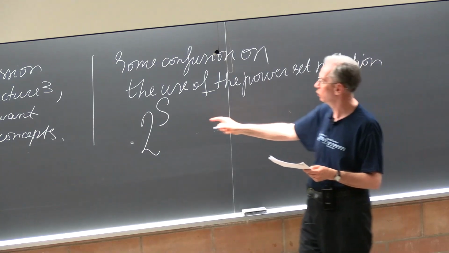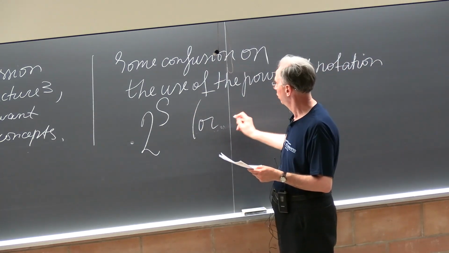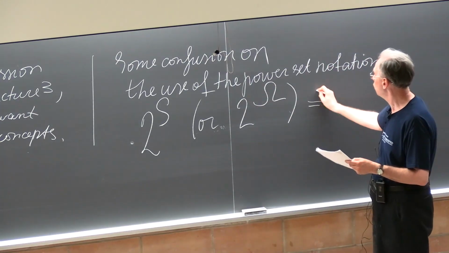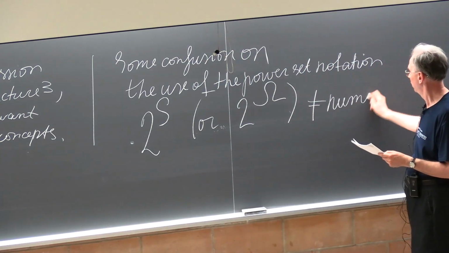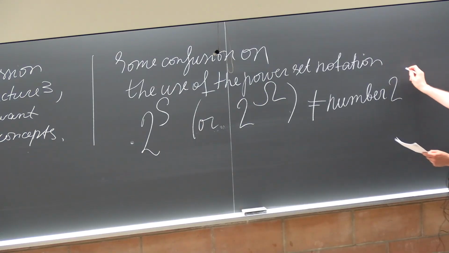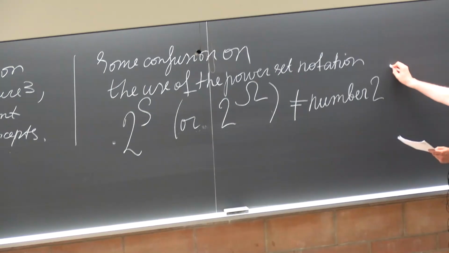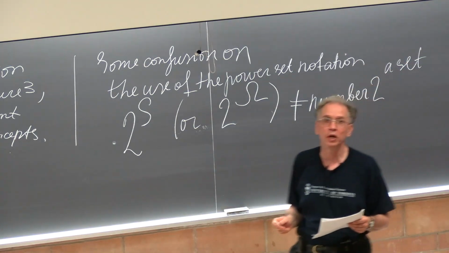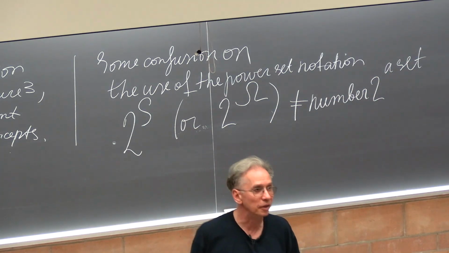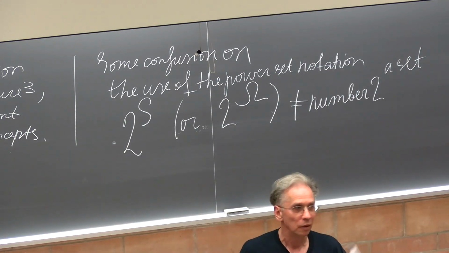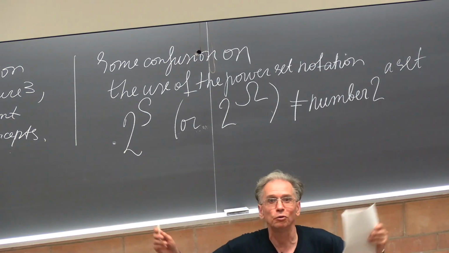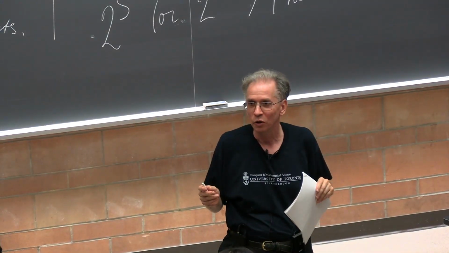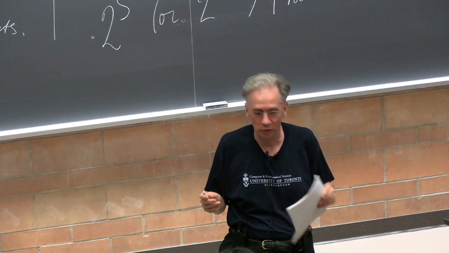So we use 2 to S or 2 to omega. This is not the number 2 raised to the power, which is a set. It is not to be recognized like that. Some thought when you see the number 2, it's like 2 to a certain power. No, it is not.